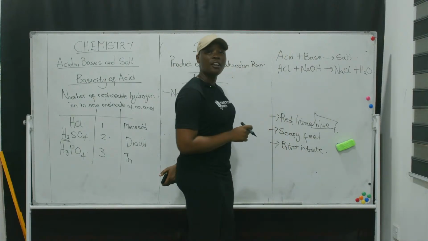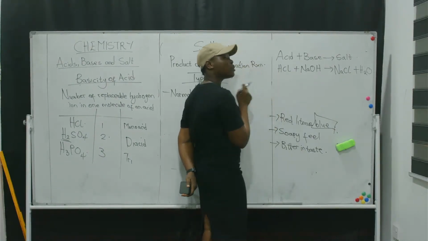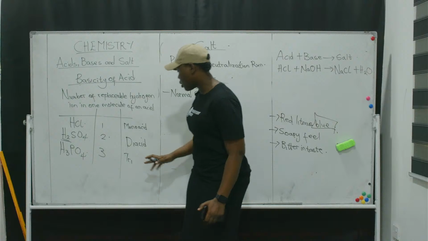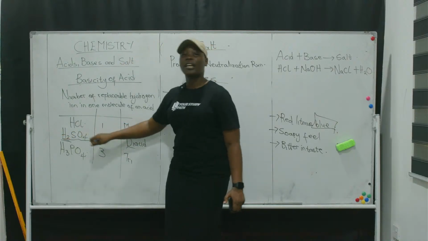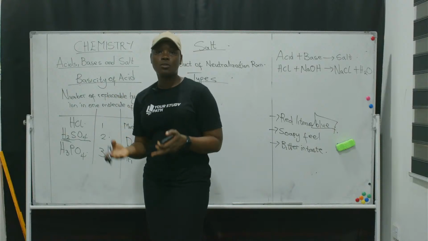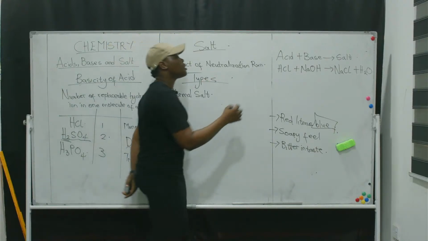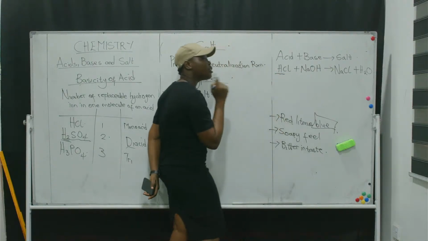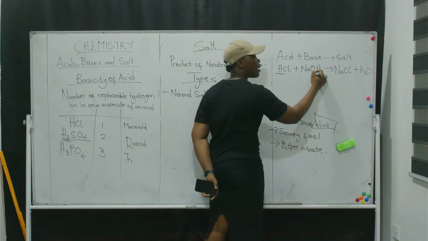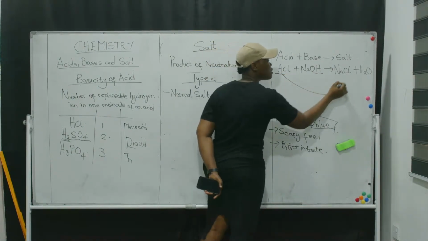The acid here has one replaceable hydrogen ion. There are cases where, as we made mention here, we have di. So we know that in some cases the number of hydrogen ions in the acid will be more than one. So for normal salt, all the replaceable hydrogen ions have been replaced. You notice it moved from this to this.